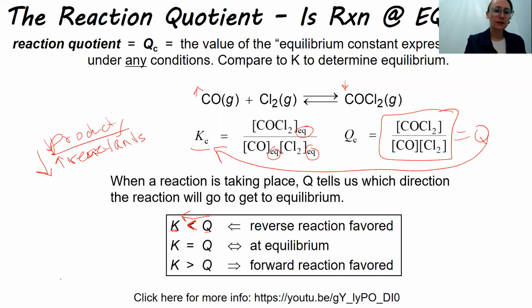And we know that in order to make this ratio bigger, our products are going to have to increase and our reactants are going to decrease. So if our products are increasing and our reactants are decreasing, we would go in the forward direction. So again, the greater than less than sign points in the direction you need to go.